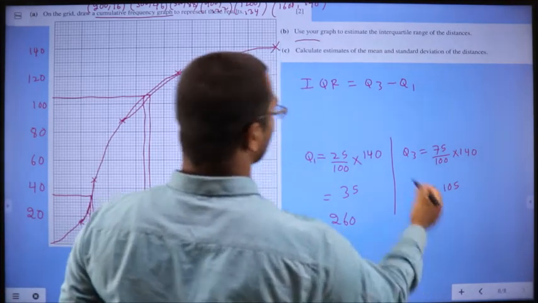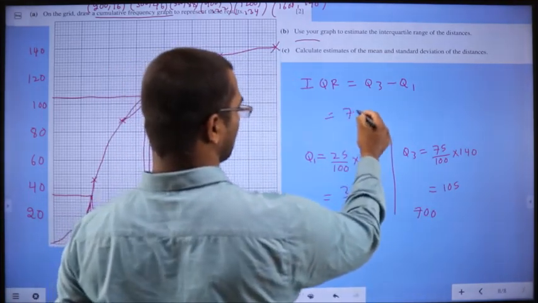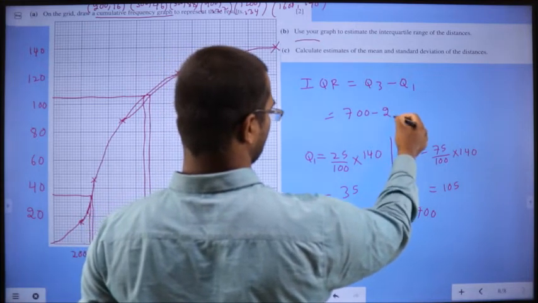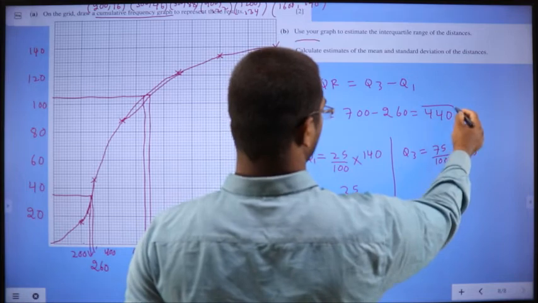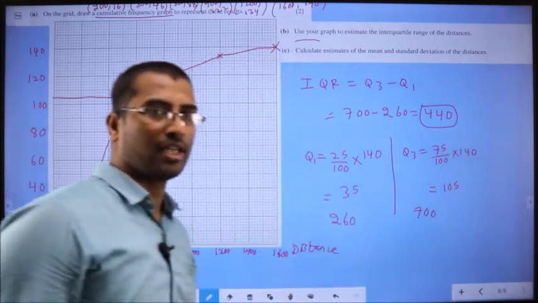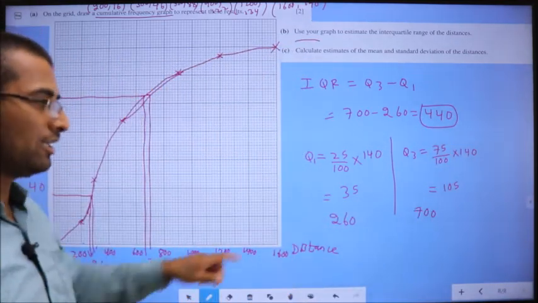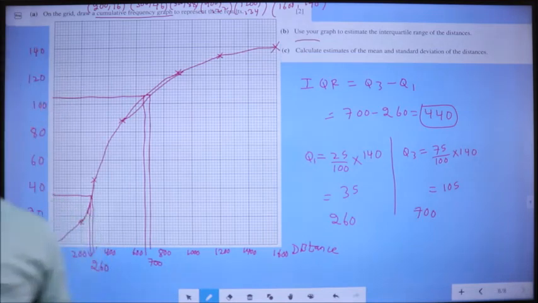Okay. So now subtract both. 700 minus 260. 440 is your interquartile range. Okay. Draw this graph clearly, you get the correct values.